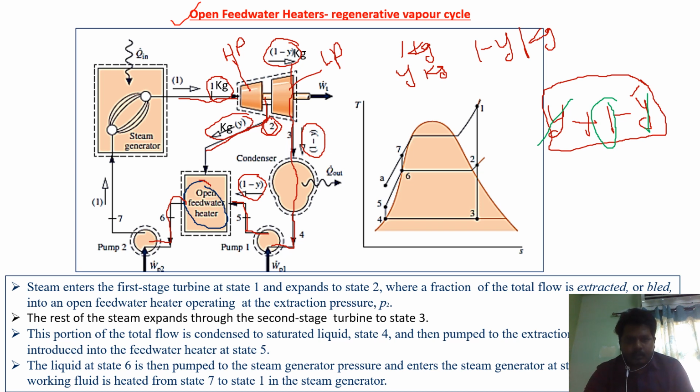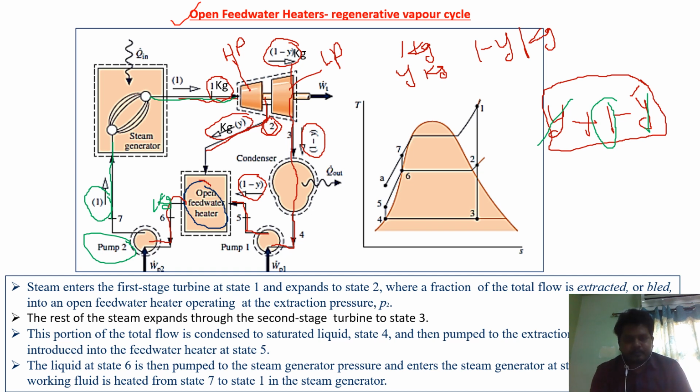So the 1 kg mass of fluid will enter into pump 2. Thus, after getting compressed in pump 2, the same 1 kg mass will enter into the boiler. Here, this water will be converted into steam. Again, that steam will enter into the high pressure turbine. So, this is the cyclic process, the regenerative vapor cycle.